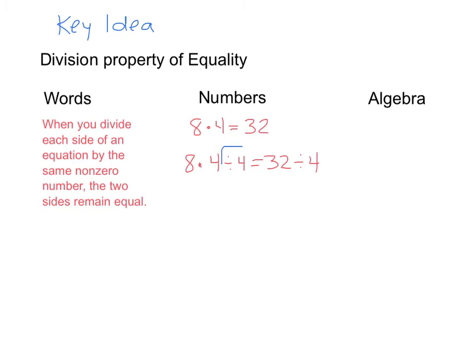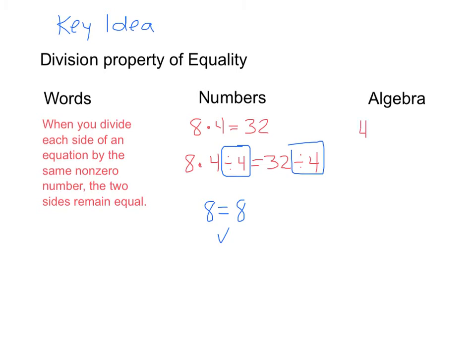So what I'm doing is taking this and doing the same thing over here, and it would get rid of the 4's over here and it would leave 8. 32 divided by 4 is 8. Okay, 8 equals 8. Algebraically, it would look like this.